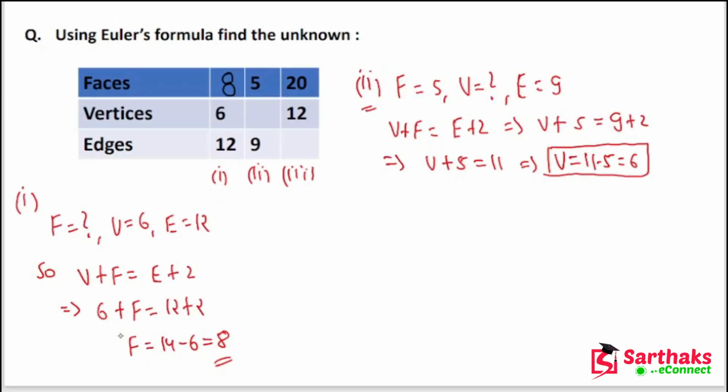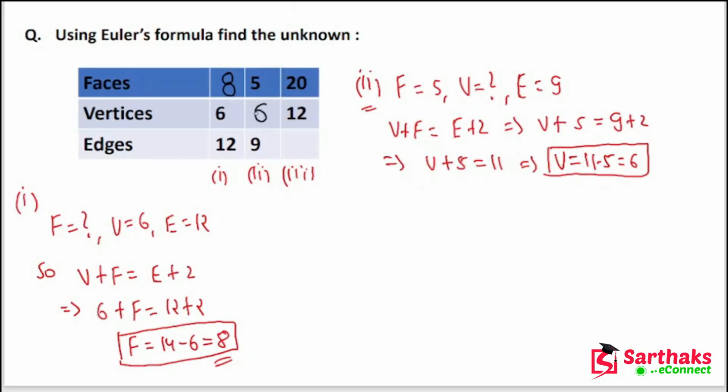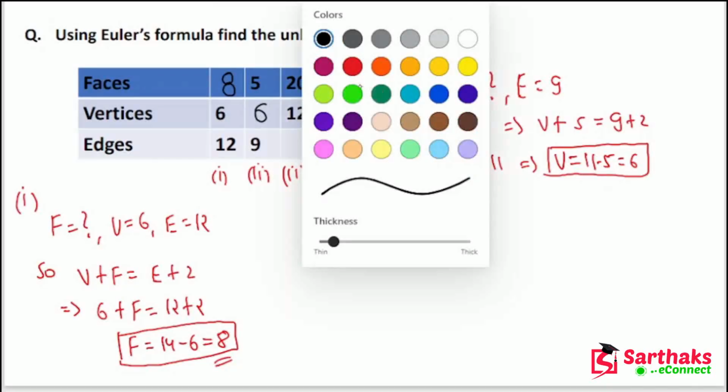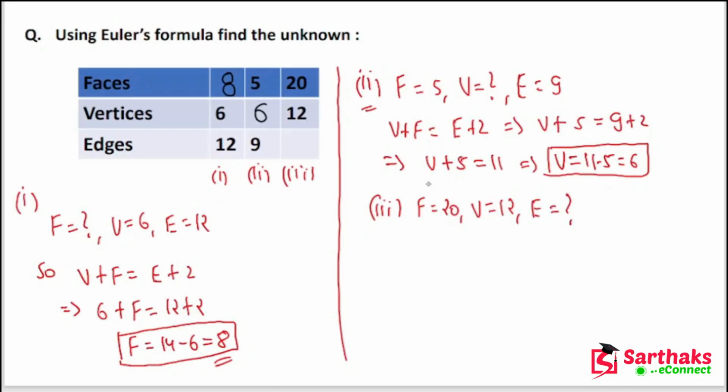So number of vertices would be 6. So we can fill out 6 over here. Right. Let us take the last part. It says number of faces is equal to 20, number of vertices is equal to 12, and number of edges is unknown.